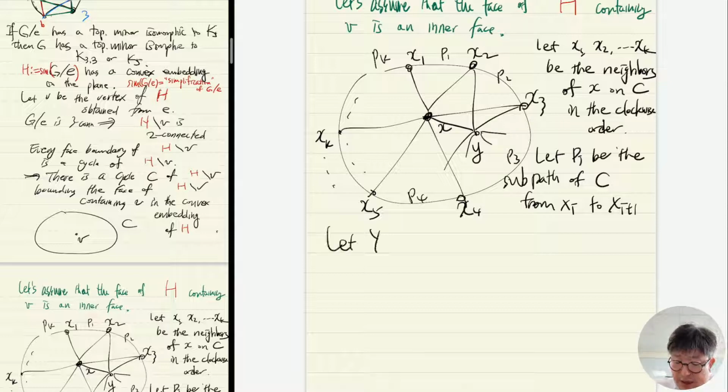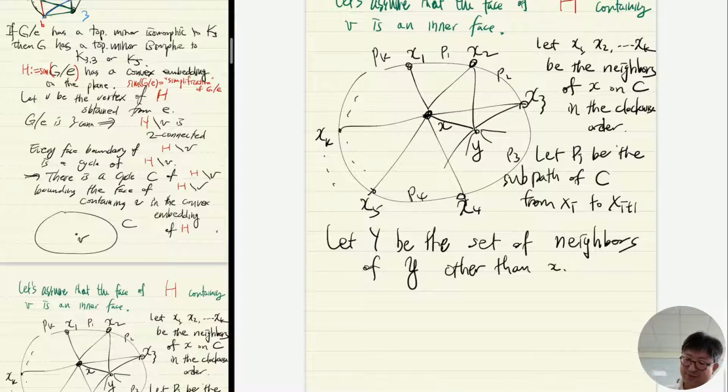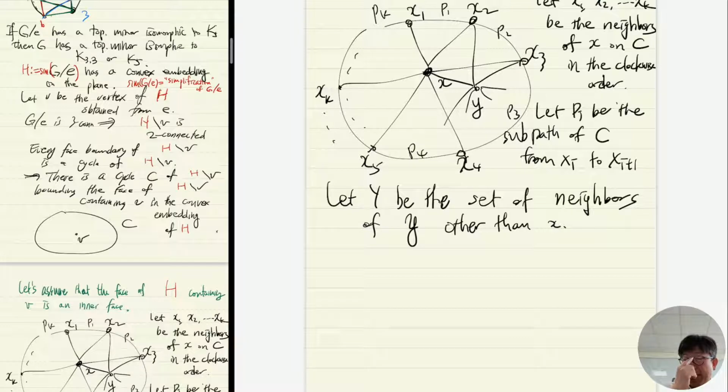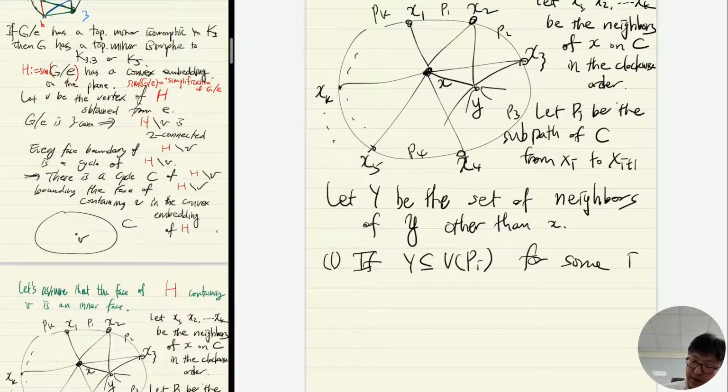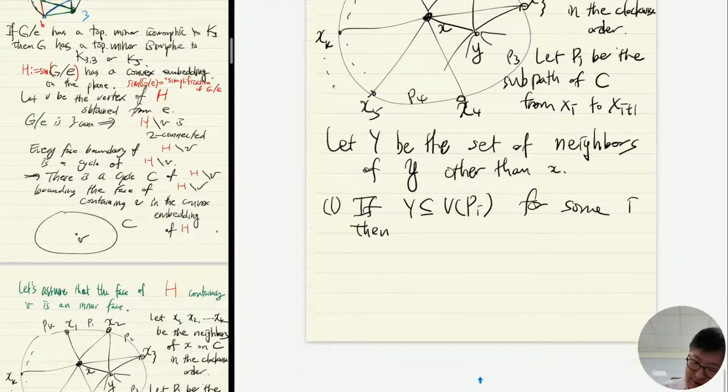So let Y be the set of neighbors of Y other than X. Okay? So in case 1, if Y is in V(Pi) for some i, if all neighbors of Y are in some interval, then what is the case?